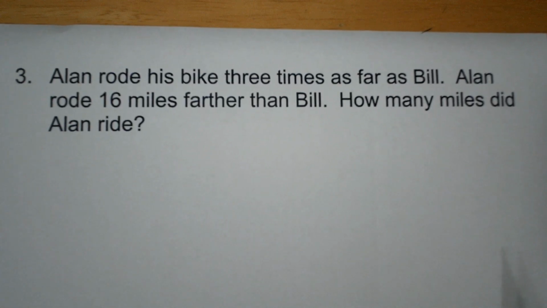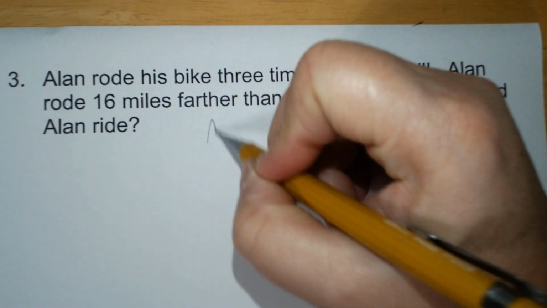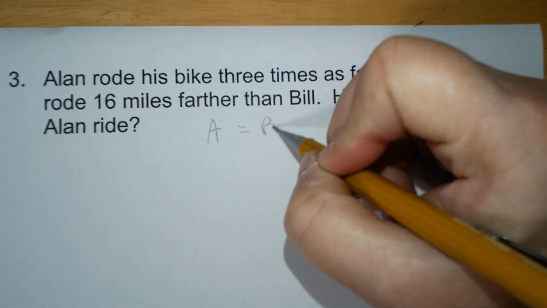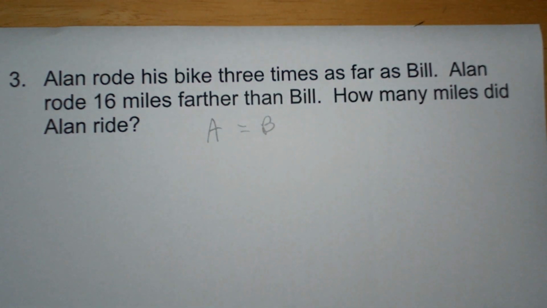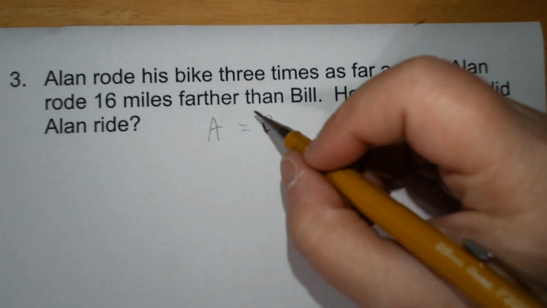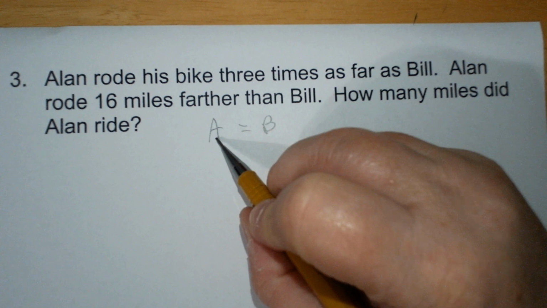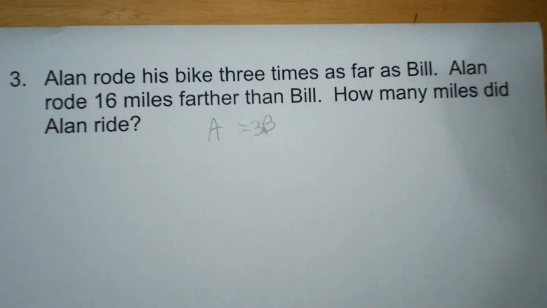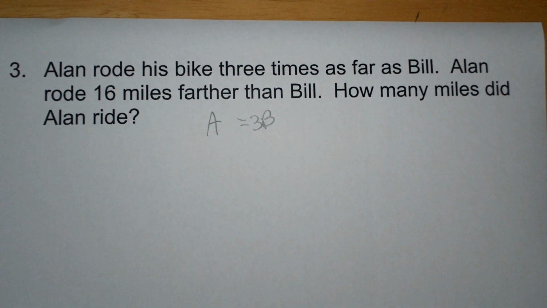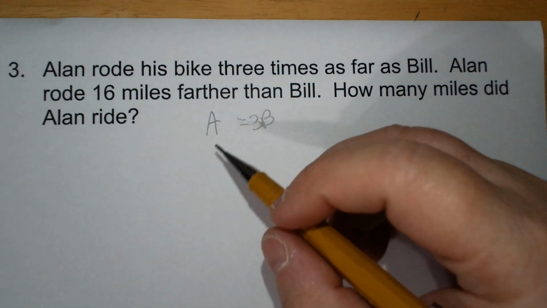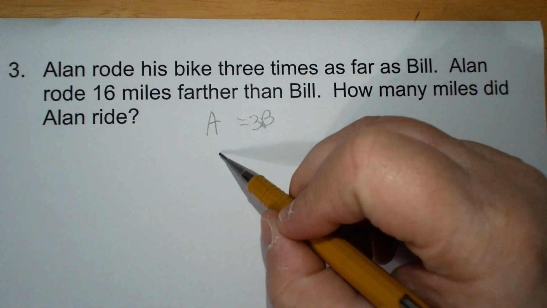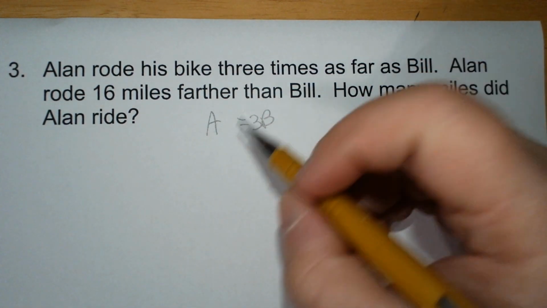Alan rode his bike 3 times as far as Bill. Alan equals Bill. No, it says that they're not equal. It says Alan rode 3 times. So I either have to divide this by 3 or multiply that by 3. And I'm going to stay away from fractions. Alan rode 16 miles farther than Bill.